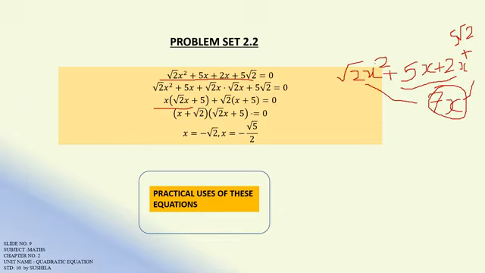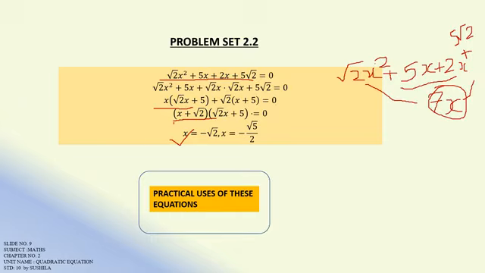After that, x plus 5 is equal to 0, and these two, x plus root 2 into root 2x plus 5 will come inside the bracket, that will be equalized to 0, and x equals to what will you get? I told you, just be clear with the sign terms of these numbers.